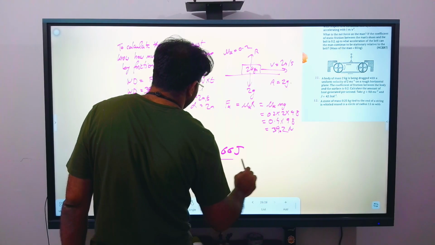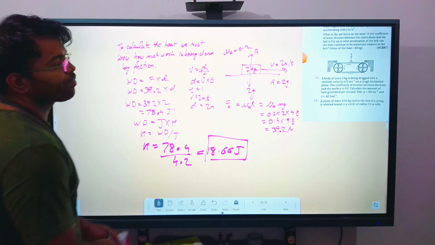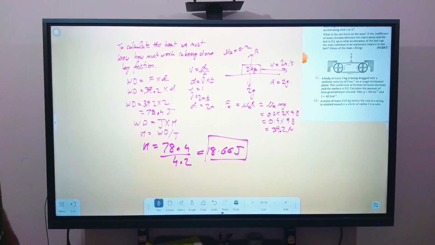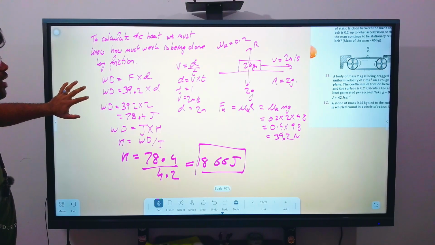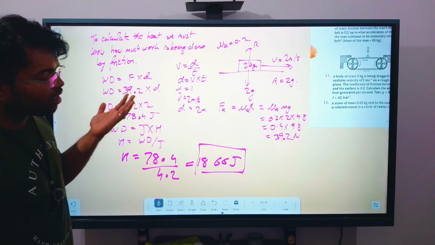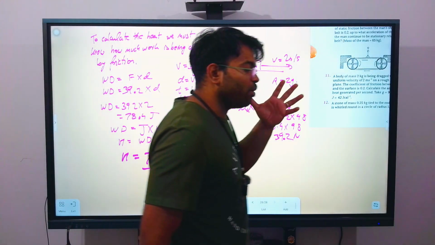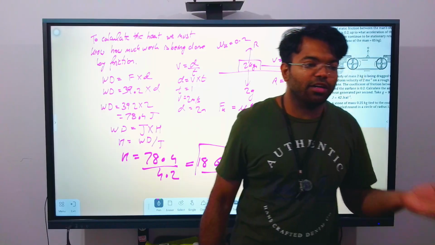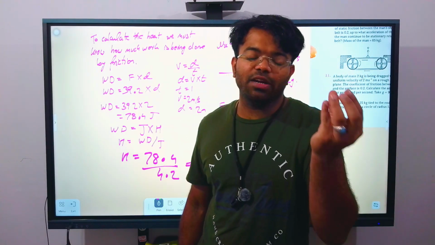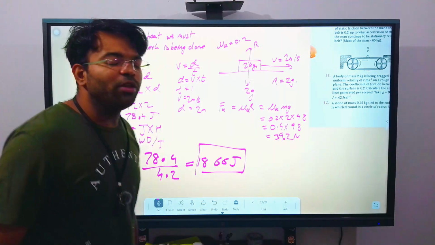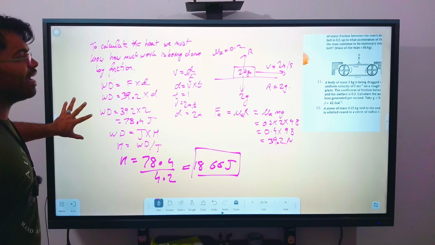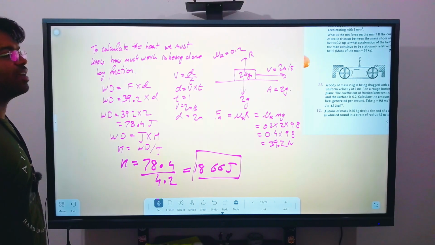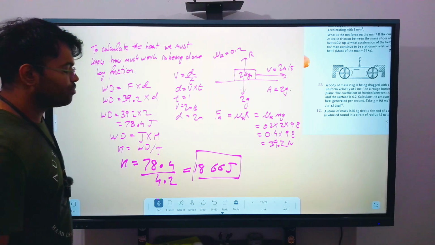So 18.66 joules of heat will be generated. What is J? J is just a fraction showing that if you have this much amount of work, this much quantity is getting converted into heat. It can be known as efficiency also, but it is not exactly. I think in the next chapter we will understand this further. Understood?